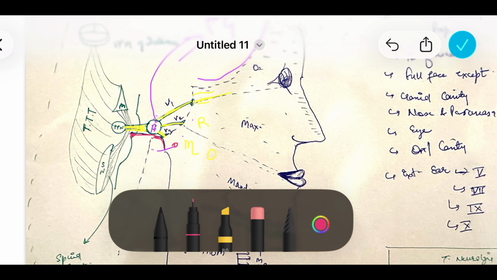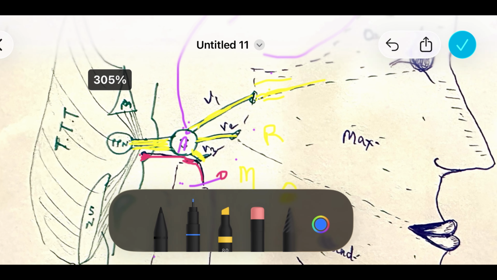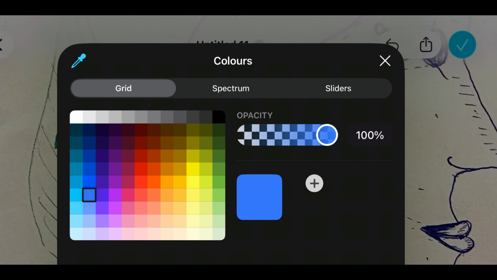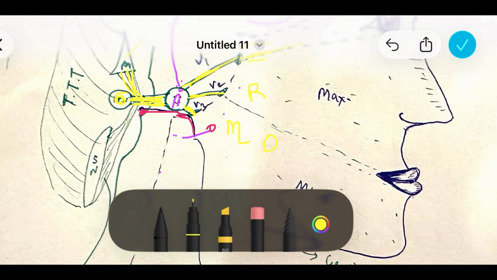Now let's see here this sensory root. Okay, so we have this sensory root of the trigeminal ganglion, and now it enters the principal pontine nucleus. This is PPN, the principal pontine nucleus, and some fibers enter the mesencephalic nucleus. This is the mesencephalic nucleus of the trigeminal nerve, and this is the spinal nucleus of the trigeminal nerve, and some fibers enter the spinal nucleus.